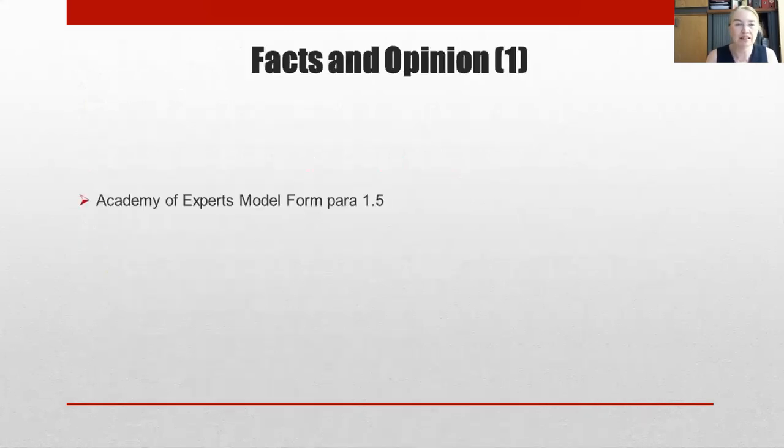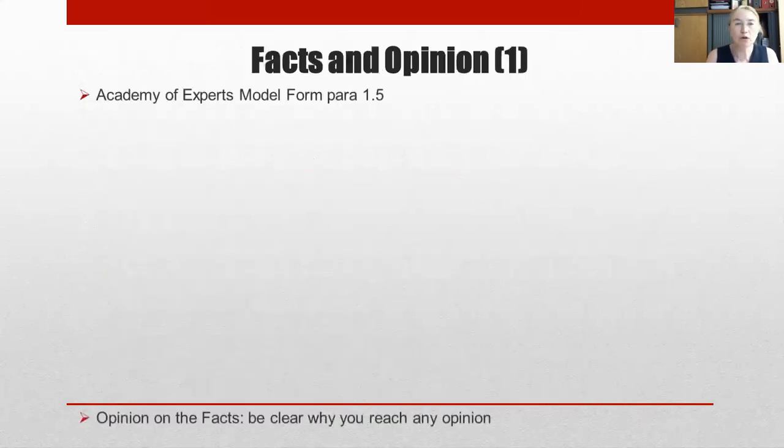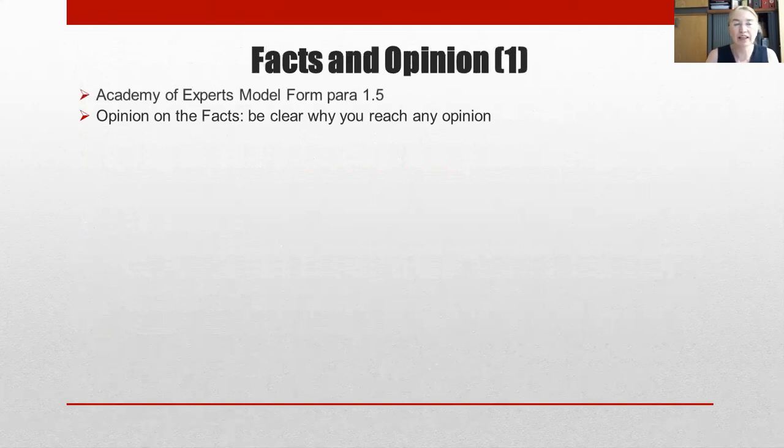Right, facts and opinions. There is a model format. The Academy of Experts have a nice model form, which I recommend that you read. Opinions on facts, as I said before, must be clear, and so must why you've actually reached the opinion. Facts and opinions must be easily identified within your survey report.